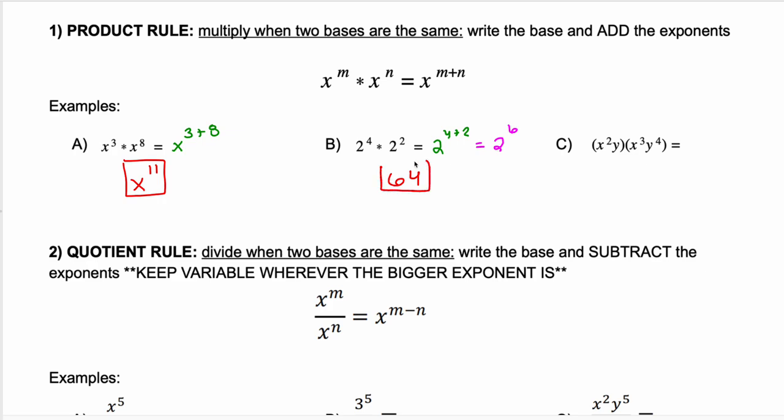So I'm going to make a little note about this problem, and it's because there are no variables in this problem. So since there are no variables, we simplify completely the numbers.